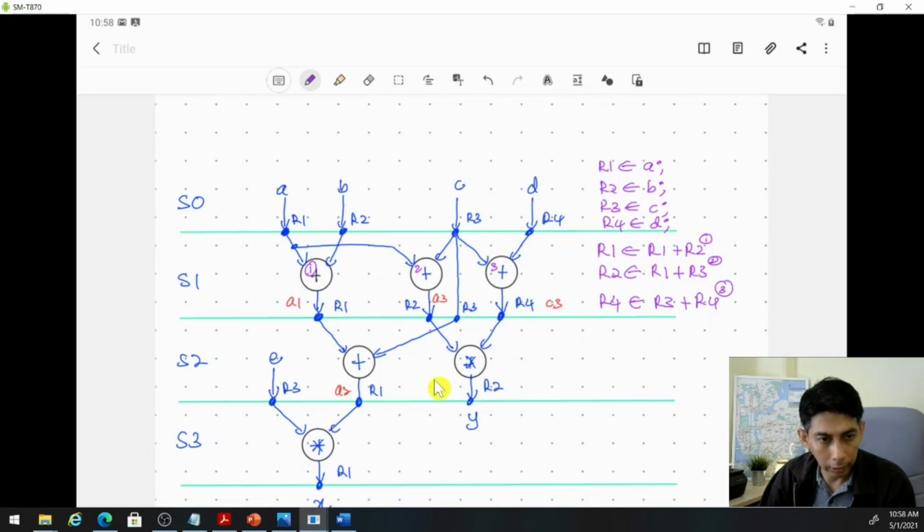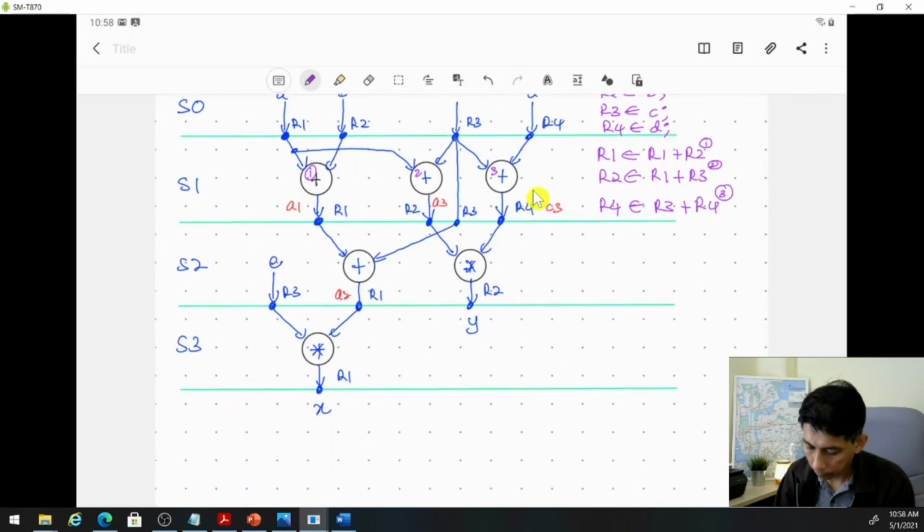So the operation in S2 is this. Maybe we use adder number 1 for this one, one adder only, right? So R1 is R1 plus R3, adder number 1, and we have R2, yeah, R2.